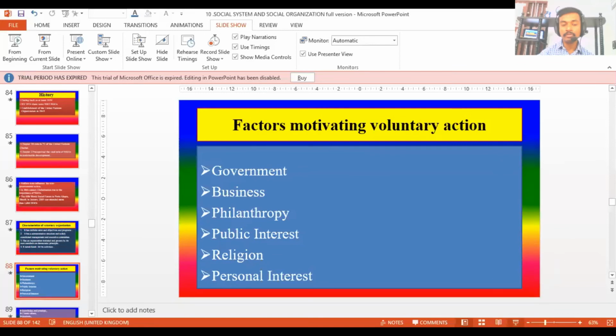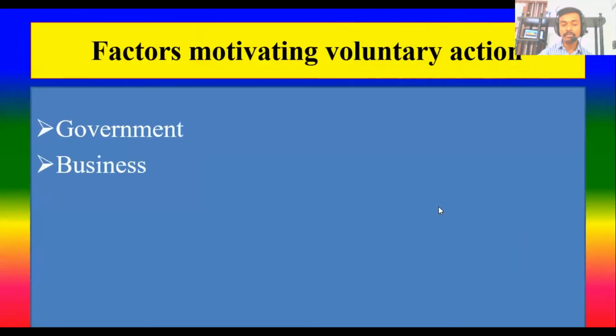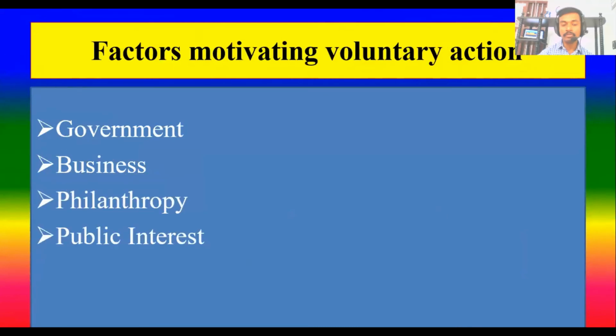So the first factor of influence is government. Second, business. Then philanthropy. Then public interest. Then religion. Then personal interest.